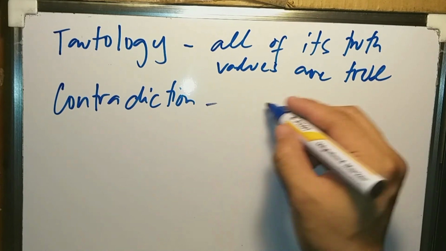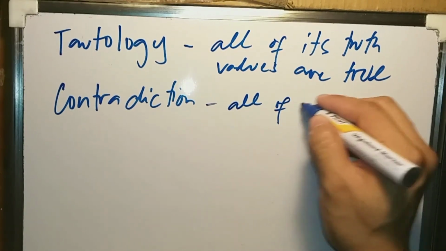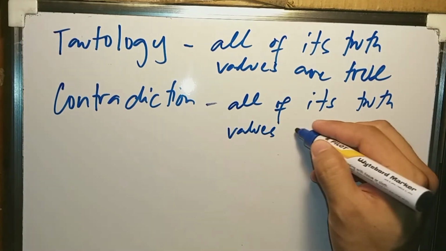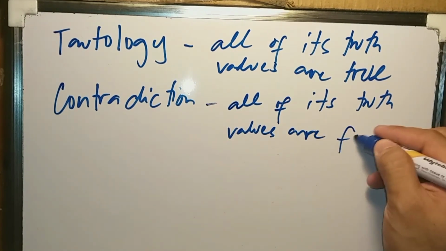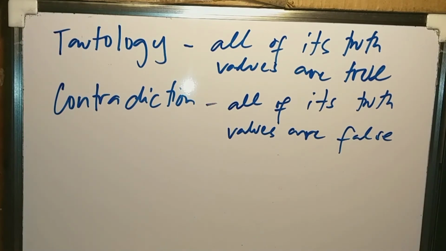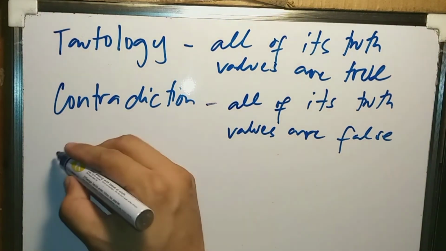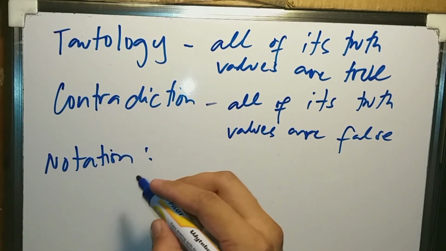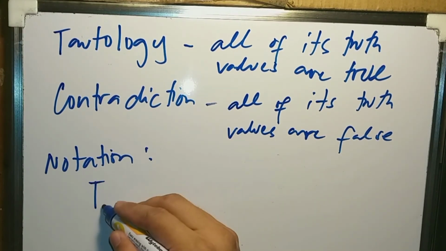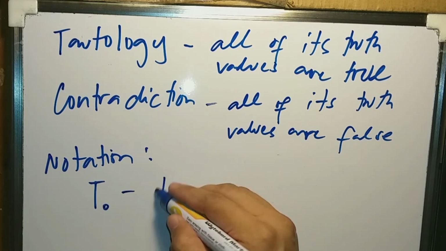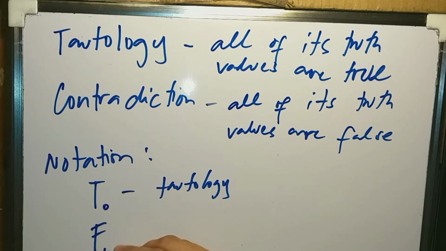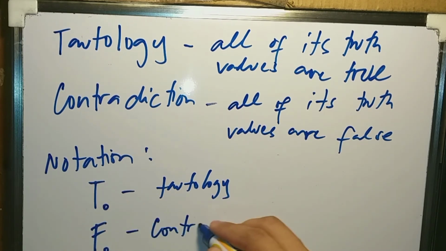Contradiction, all of its truth values are false. For the notation, our notation for a tautology is T sub 0, and F sub 0 for contradiction.